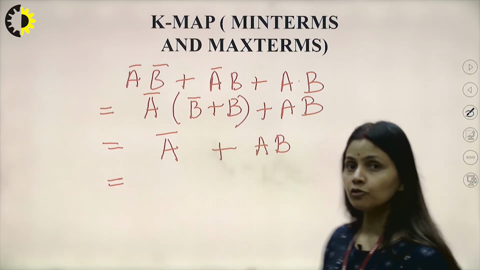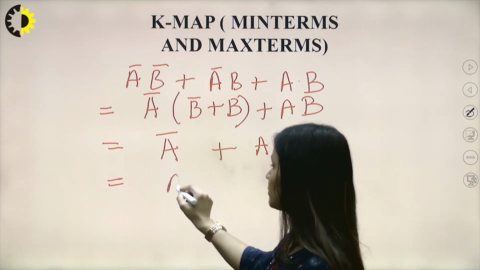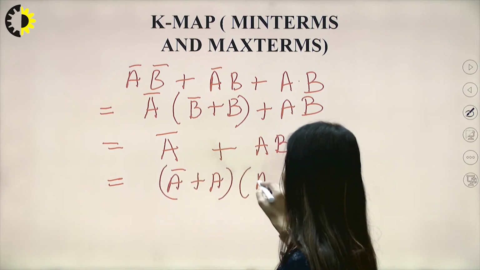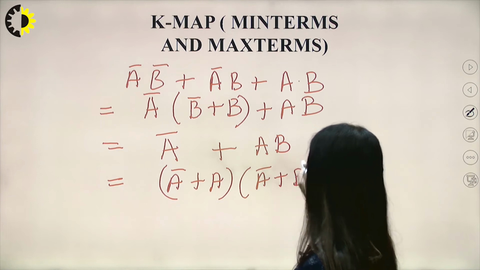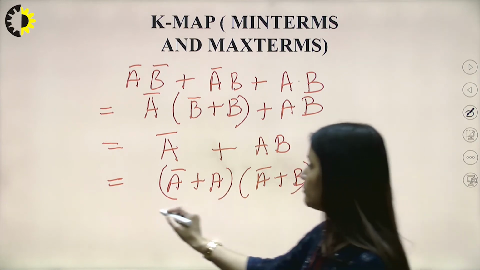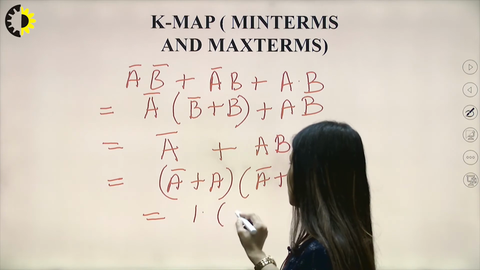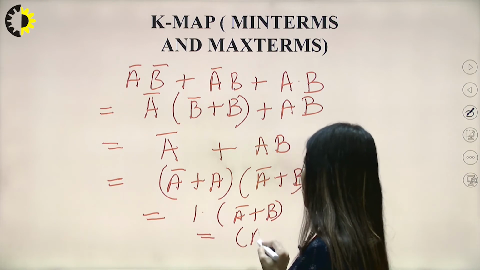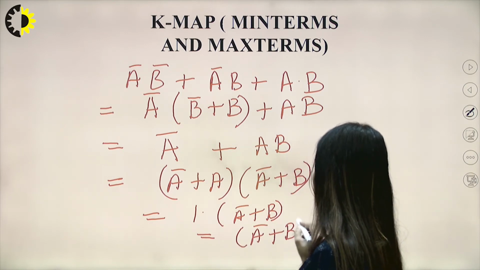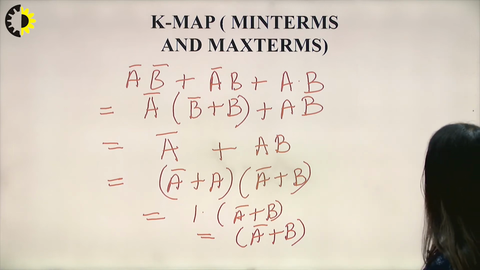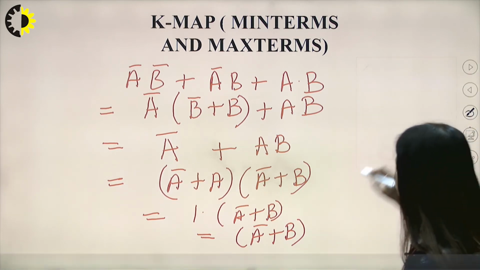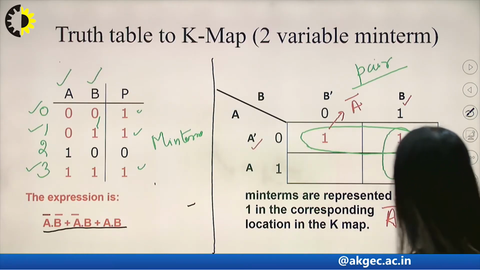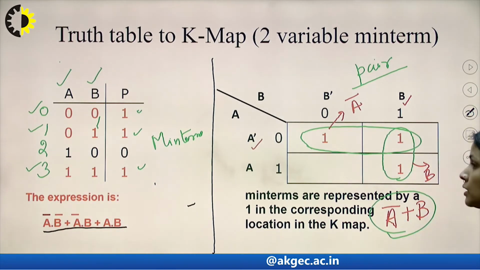Using the distributive theorem, I can write this as A bar plus A into A bar plus B. This will be 1. A bar plus B, and that is equal to A bar plus B. Here I am getting A bar plus B, and in simplifying the K-map also I am getting A bar plus B, right?